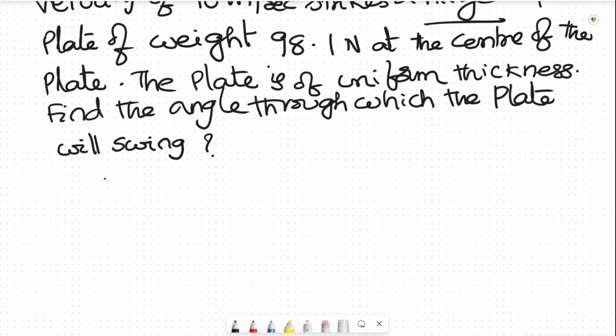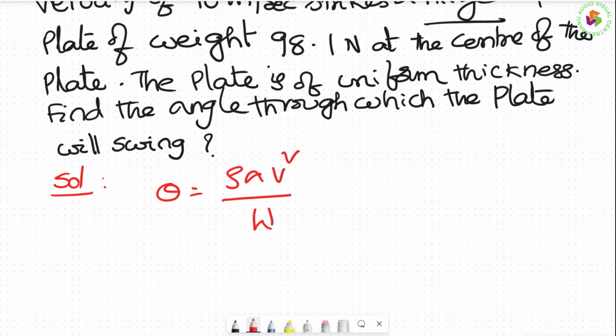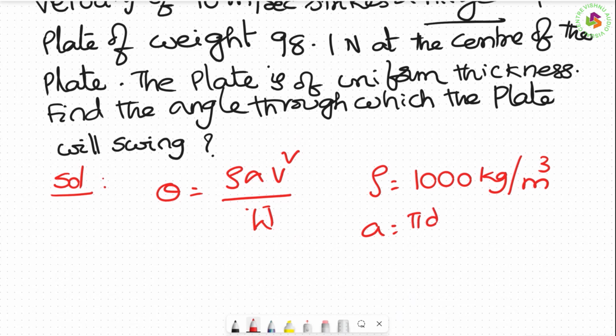So straight I come to the solution. We know sine theta is equal to rho A V square by W. What is rho? Water, it is 1000 kg per meter cube. What is A? It is equal to pi d square by 4, because we need to calculate it.